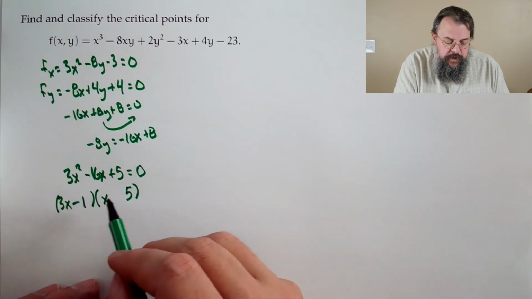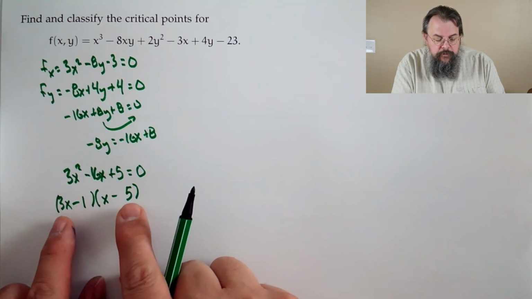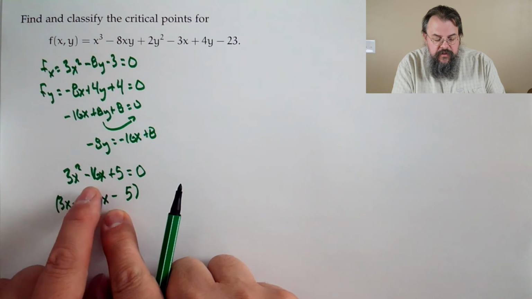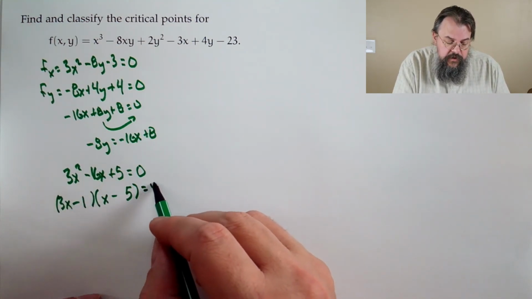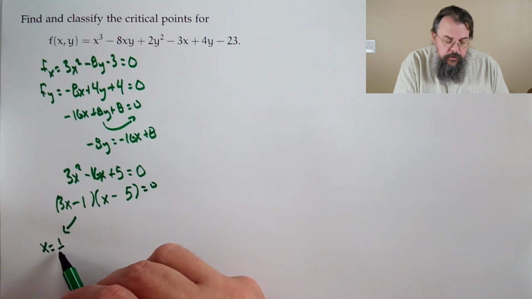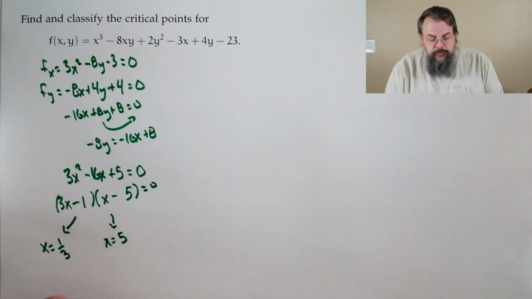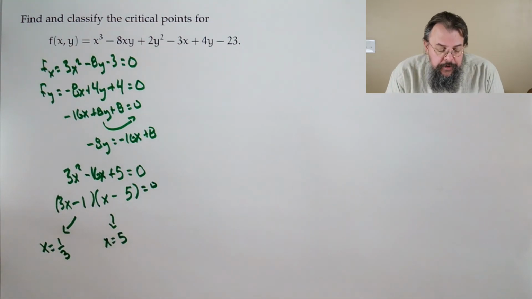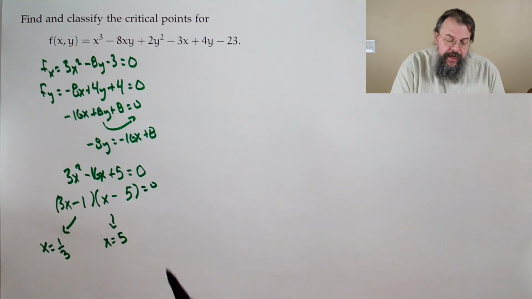And then if we make them both minus, this should work. 3x squared, good. Minus 15x minus x is minus 16x, and plus 5. So that leads us to two possibilities, x equals 1/3 or x equals 5. All right. Now, what about y? Well, come back.